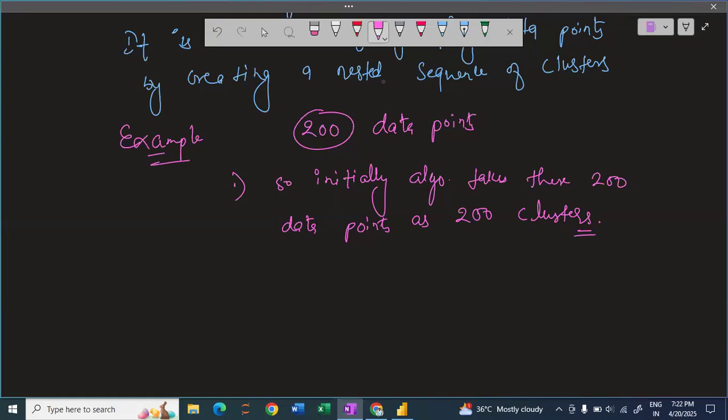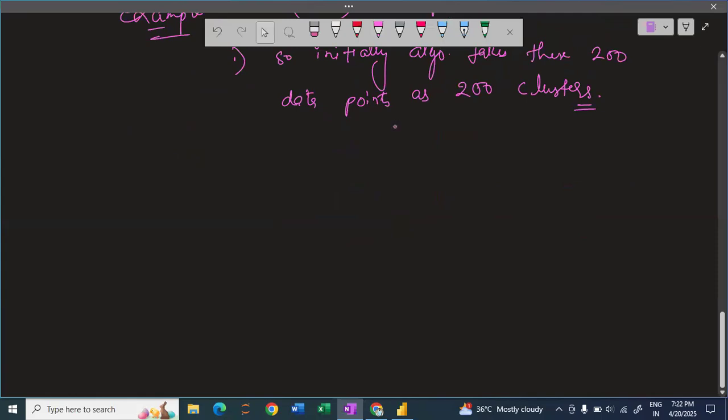Then it finds the nearest cluster which has some similarity. With this method, clusters come together two at a time. For example, these data points will come together and make a single cluster.